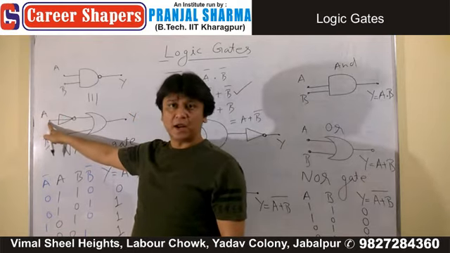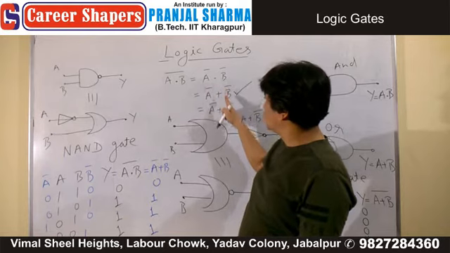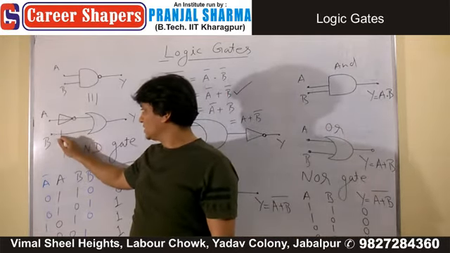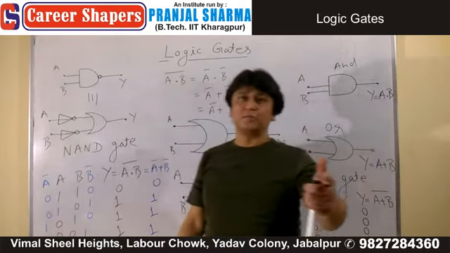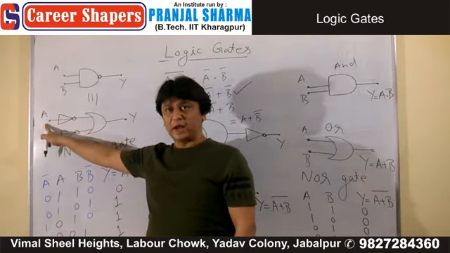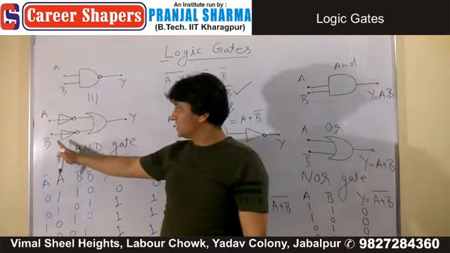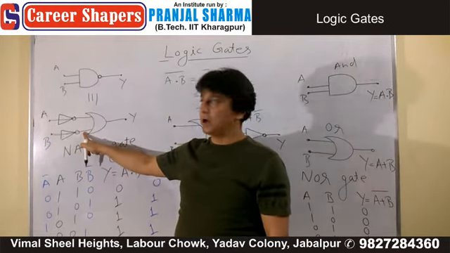I have given A. Once it passes through, it becomes what? A bar. I have given B. Once it passes through this, it becomes what? B bar. Starts with A, over here it becomes what? A bar. Starts with B, over here it becomes what? B bar.